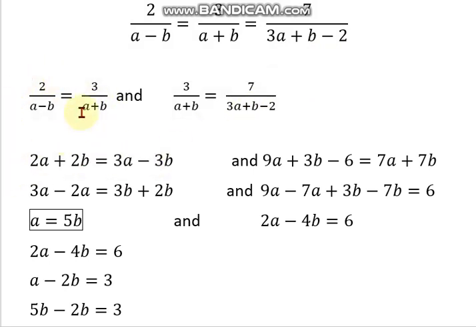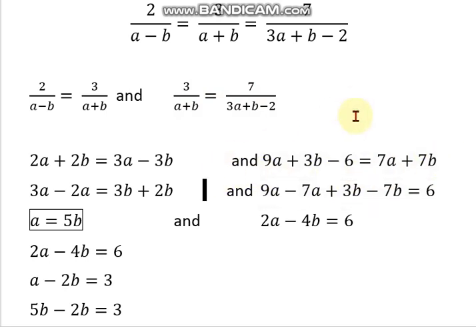Now cross multiplication will give you 2a plus 2b equals 3a minus 3b. Now taking a together and b together, we will have 3a minus 2a, so that will be a, and 3b plus 2b will be 5b. Now in the second equation, cross multiplication will give you 9a plus 3b minus 6 is equal to 7 multiplied by a plus b, which is 7a plus 7b.